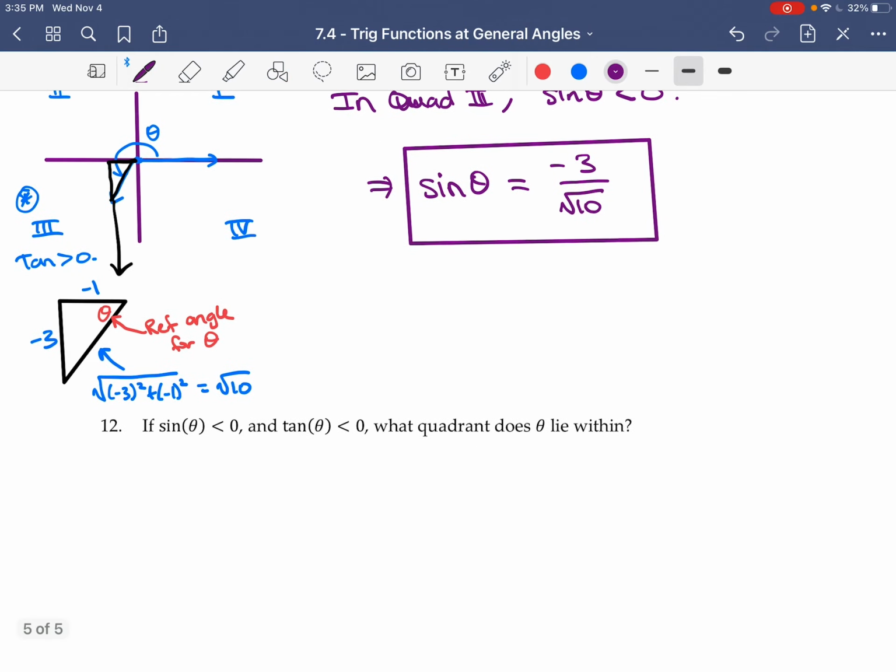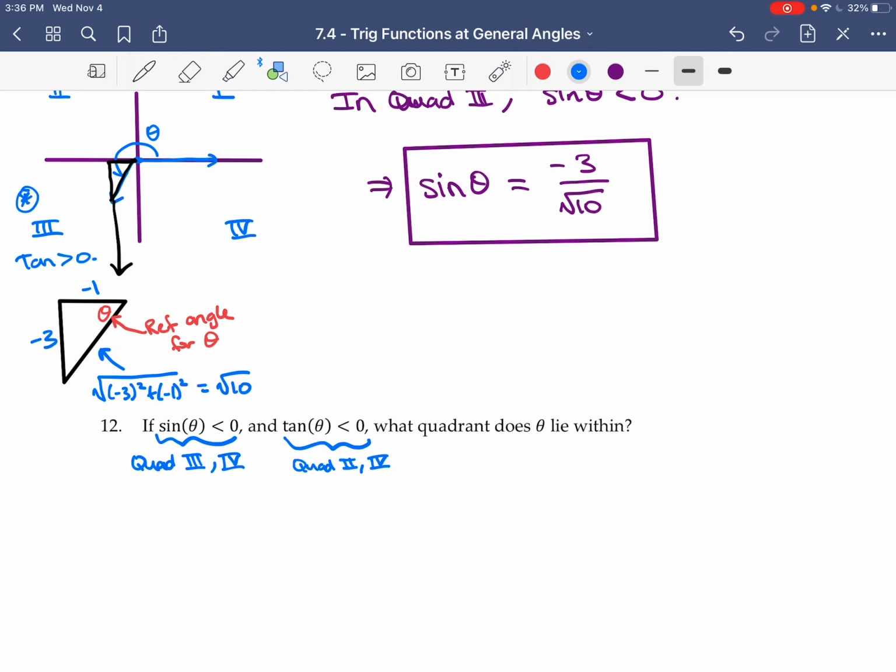Now in the next one, we know sine of theta is less than 0. So sine is negative in quadrants 3 and 4. Tan of theta is less than 0. That happens in quadrants 2 and 4.